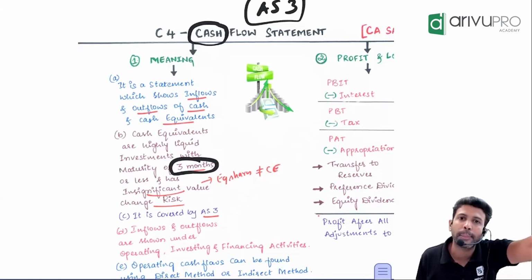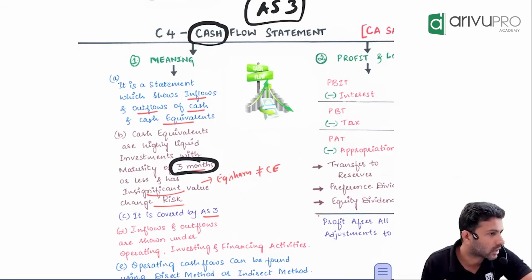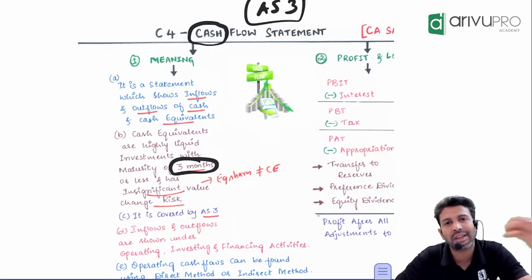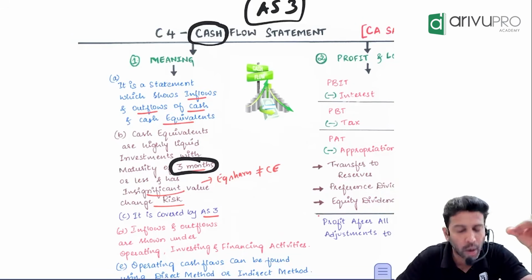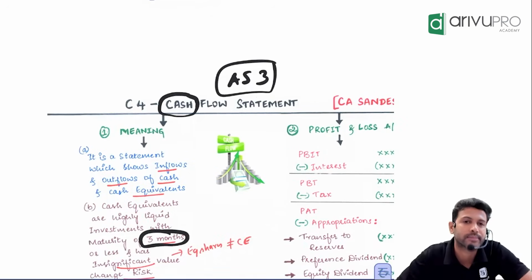The total holding period should not cross 3 months, and its value should not change too much. If all these are satisfied, it becomes a cash equivalent. This cash and cash equivalent coming in and going out is captured in a statement called cash flow statement.